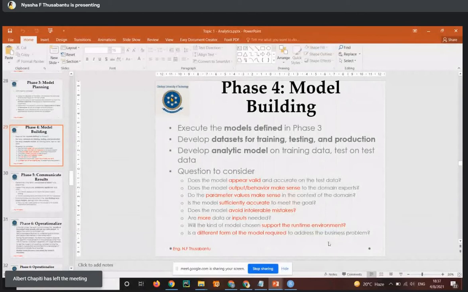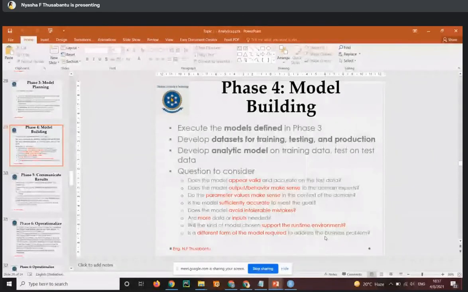They're using their own servers, and the tools I'm using are whatever they are using, mainframe or whatever. So you need to understand all those things. Is a different form of model required?